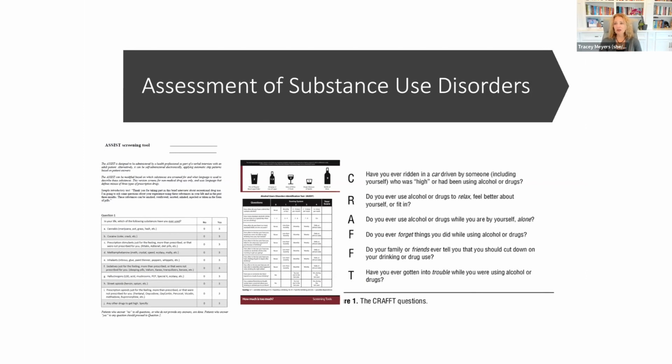Because people become very accustomed to using and may not even pause and reflect on, oh yeah, people keep telling me I should be cutting down, or how often I'm actually using substances by myself, for example. These are all indicators of a substance use disorder.